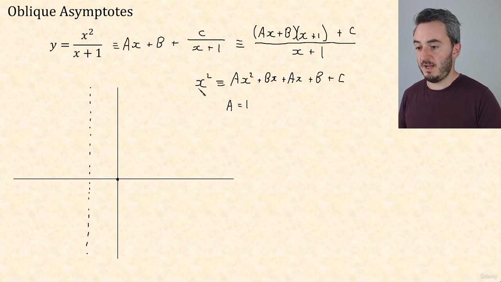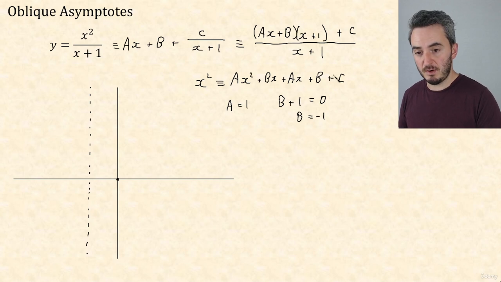The coefficient of x on the left is 0, so it must be 0 over here, but it's a plus b here. So I know that a is 1, so what I have is b plus 1 must equal 0, and therefore b is negative 1. And finally, the constant on the left is 0, so b plus c must be 0 as well. So I can say that b plus c equals 0, and then c is 1.